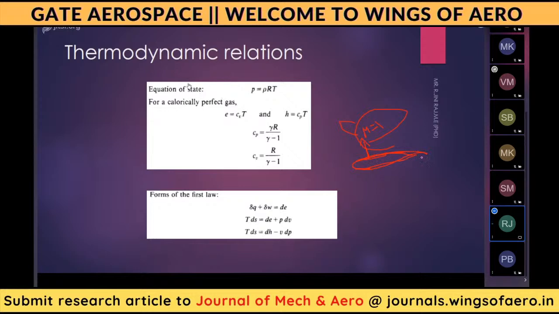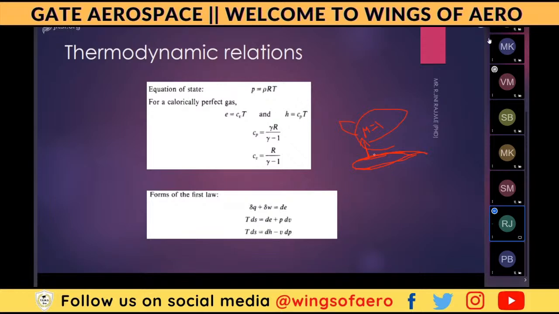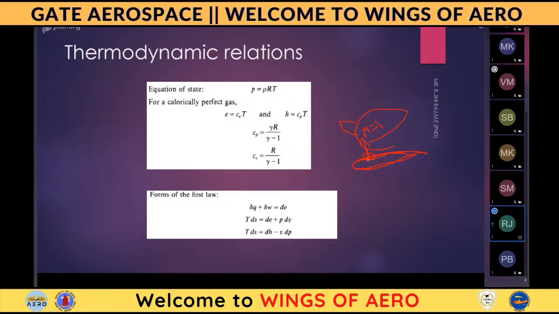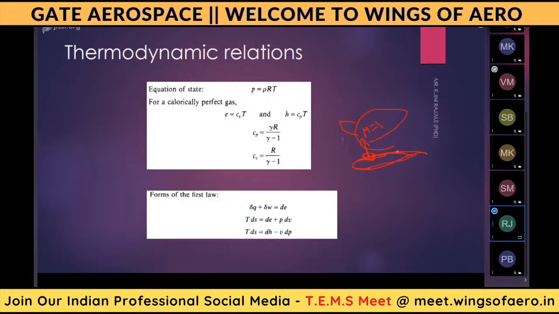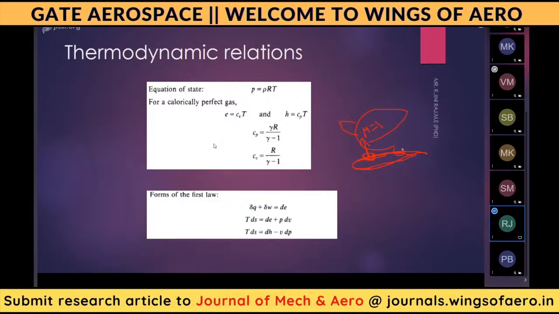This kind of aerofoil we call supercritical aerofoils. In normal aerofoils, suppose the location where M equal to 1 is here; in supercritical aerofoils it will be moved downstream, and the shock will be formed, or M equal to 1 will be formed, here.